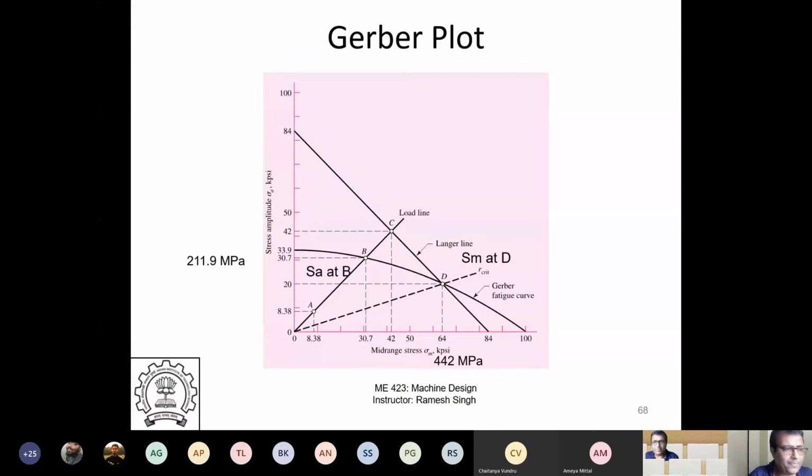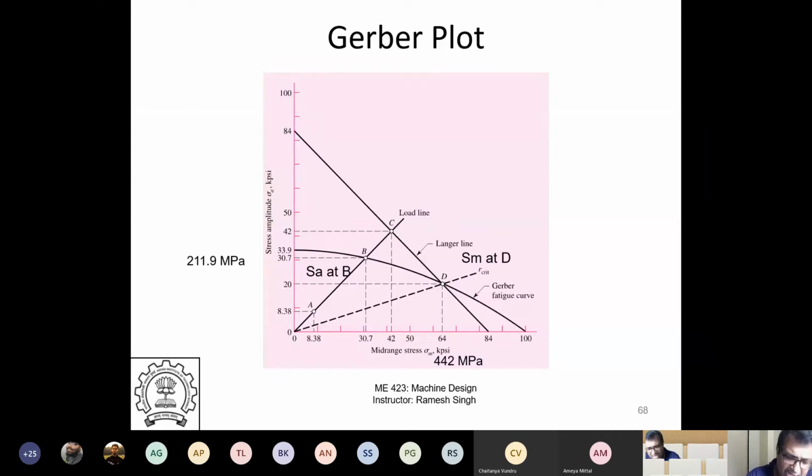Can you see the Gerber plot right here on the screen? Okay. Right.